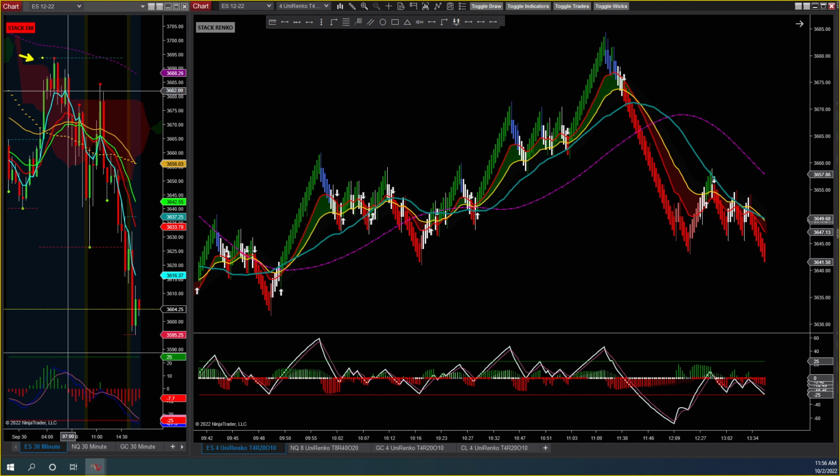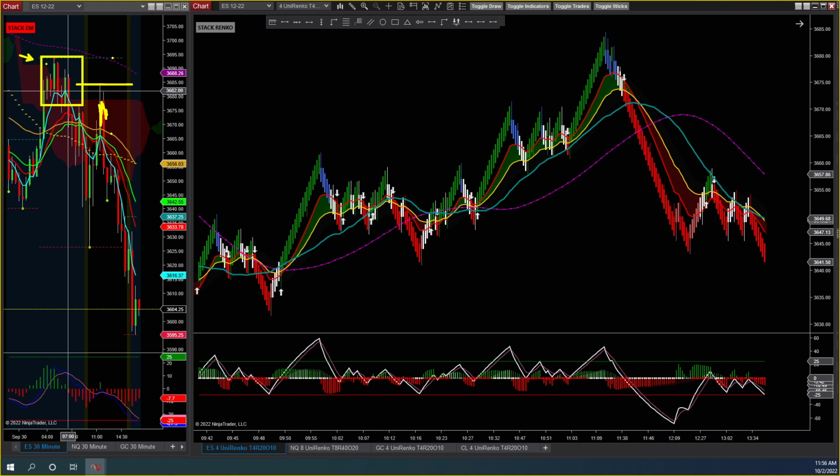So you have a choppy area, and then this price here was kind of in the middle of it. So, going bullish there, you have this moving average and this moving average and the price in between them. So this is kind of a risky area to trade.